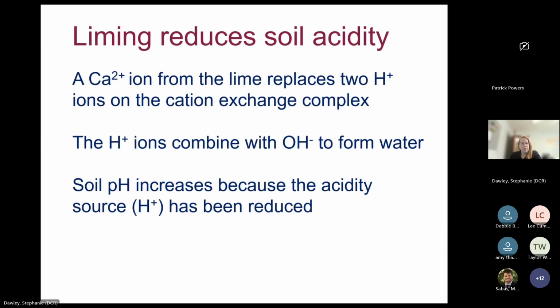So liming reduces soil acidity through the calcium ion, which replaces two hydrogen ions in that cation exchange capacity. And so the hydrogen combines to form water with OH, and the soil pH increases because the acidity source, which is that hydrogen, has been reduced, turned into water.